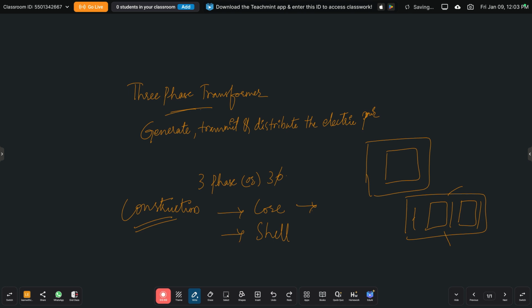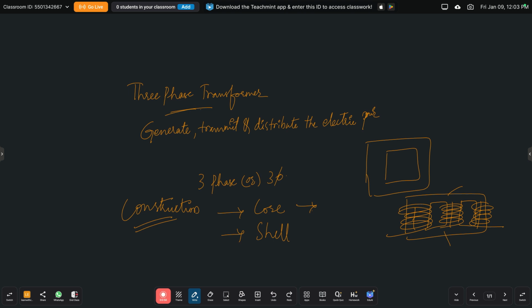Each core has both primary and secondary windings wound spirally, and the three phases are R, Y, B, so based on that we represent it.